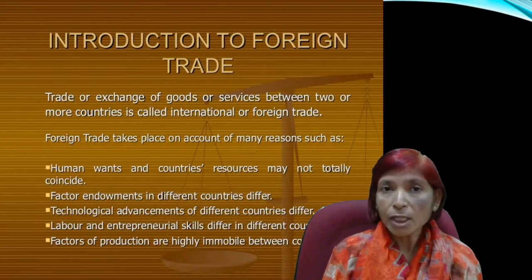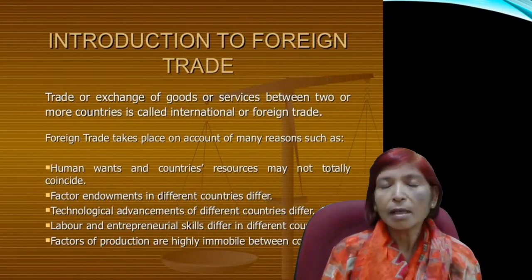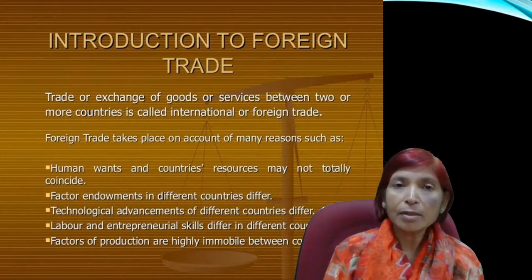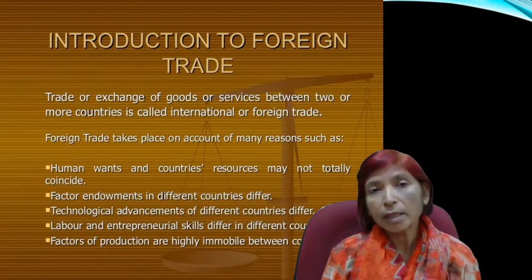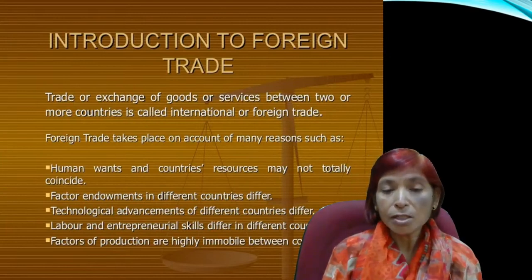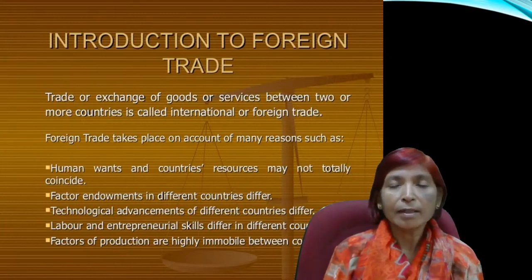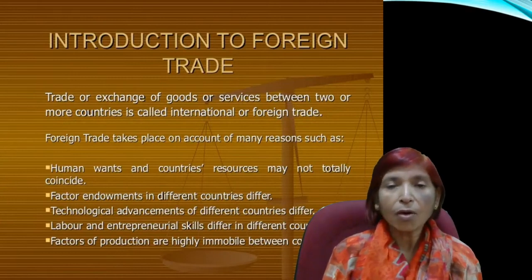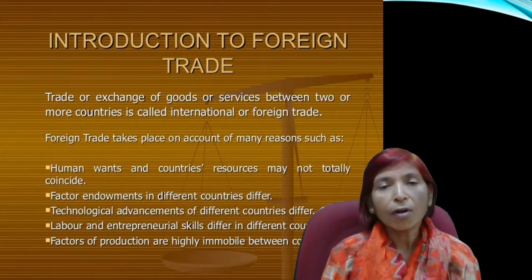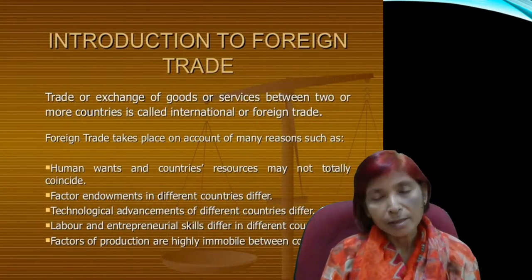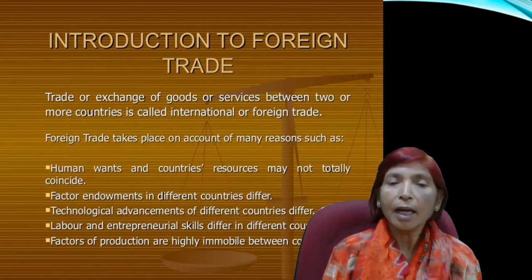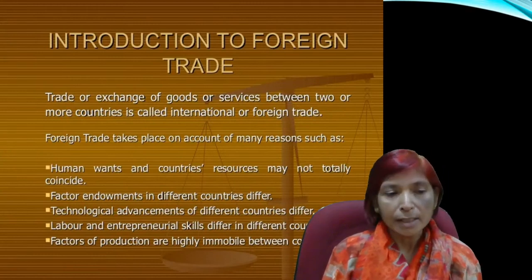Some countries are rich in natural resources, some in capital resources, and some in human resources. There is a large difference among these factors of production. That's why all countries are still dependent on other nations for their requirements, and that's why international trade takes place among different countries.